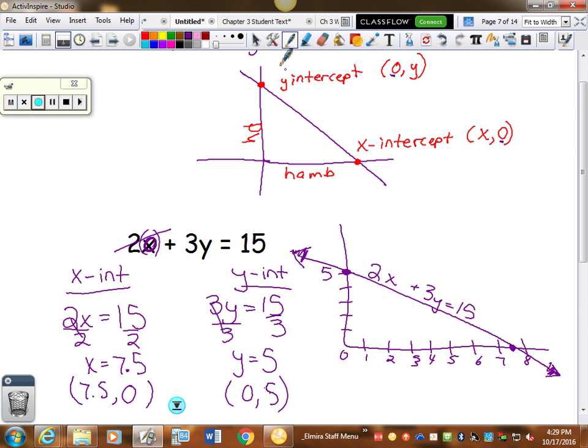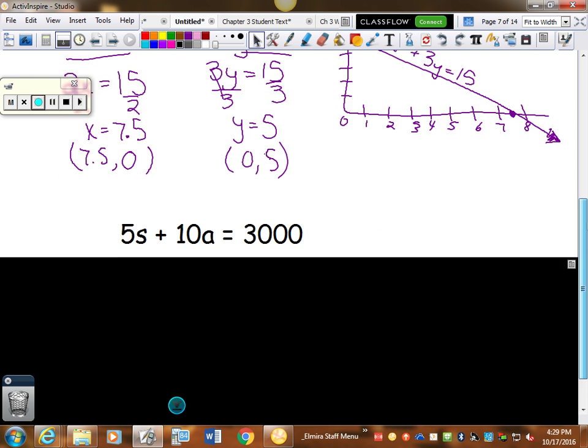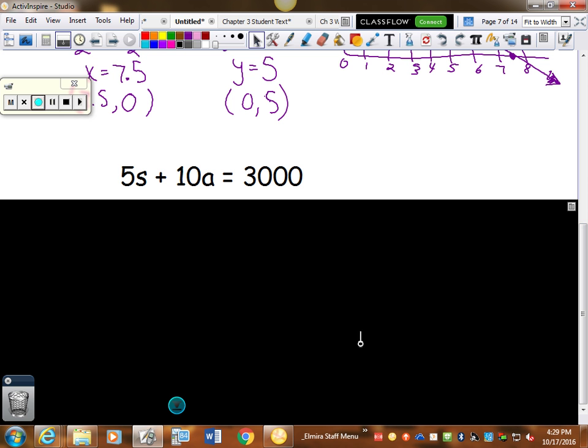Now, in our textbook on Friday, we started talking about the situation of student prices for tickets being $5 and adult prices for tickets, I don't even remember what the event was. And the goal was to raise $3,000. So this is the equation we were working with on Friday in our textbook.